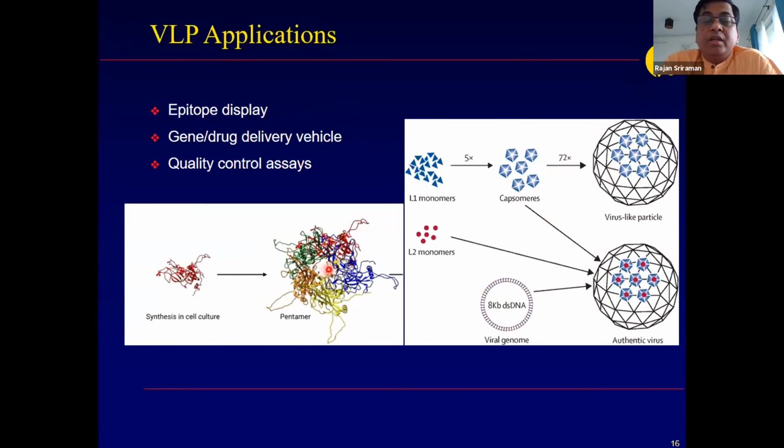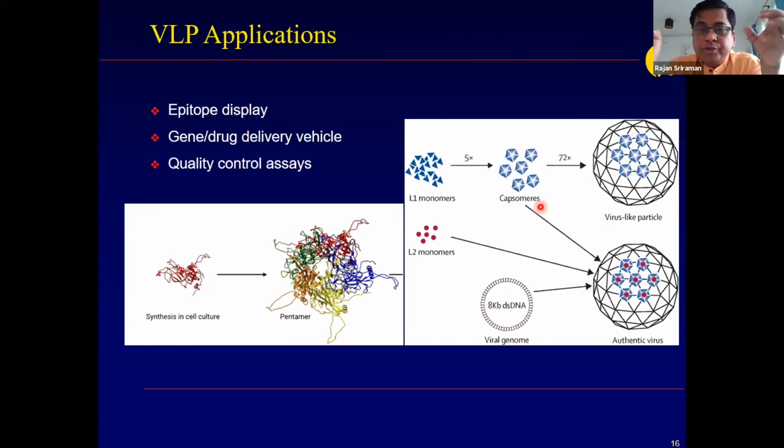So in the assembly, while all this assembly happens intracellularly, not only can this package the genome inside as a delivery vehicle, there are ways to disassemble the L1 particle. The assembly happens because of interchain disulfide bonds. So if you have a reducing environment, the L1 will fall apart.